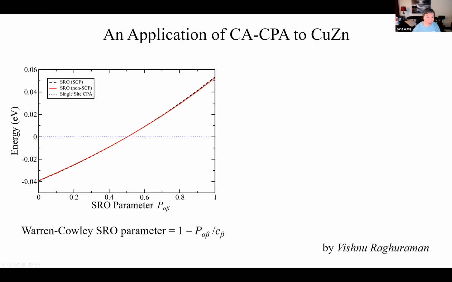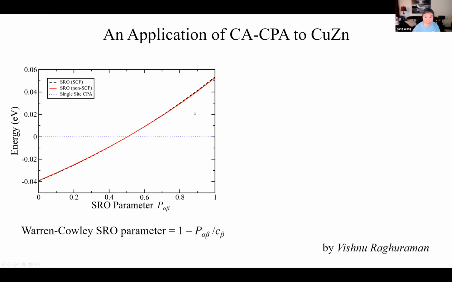This side represents more short-range ordering in the system. This side has completely clustering in the system. Clustering means that copper likes to stay with copper, and zinc with zinc. On this side, copper likes to stay with zinc. Actually, this turns out to have low energy. This is completely random, a complete disorder structure. So you see that copper zinc prefers short-range ordering because it has a low energy.